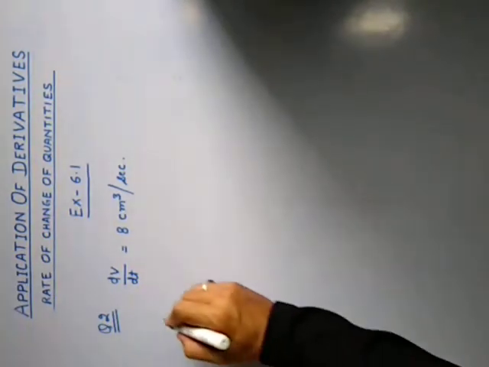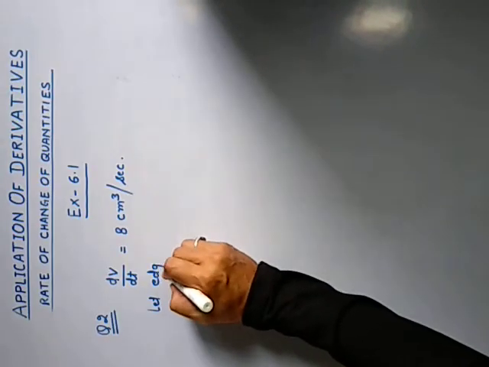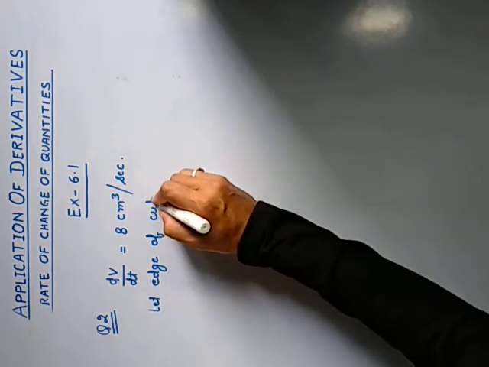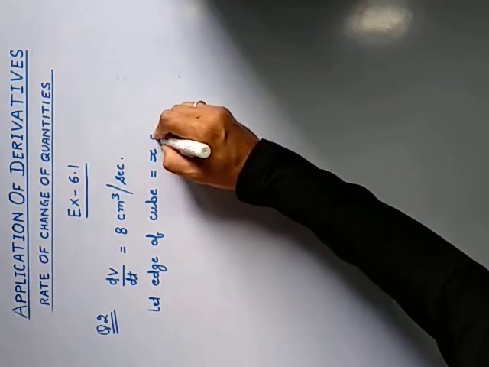How fast is the surface area increasing when the length of an edge is 12 centimeter? So let the edge of cube equal x centimeter.